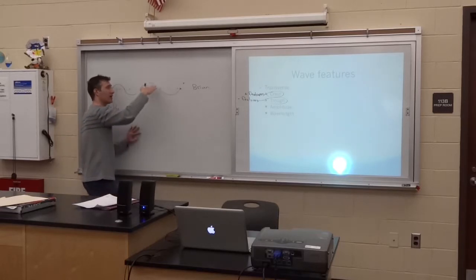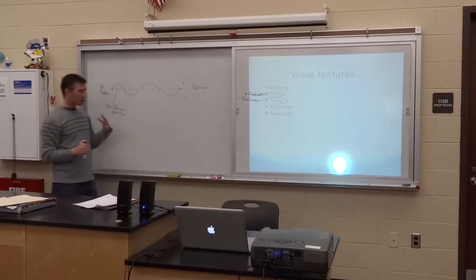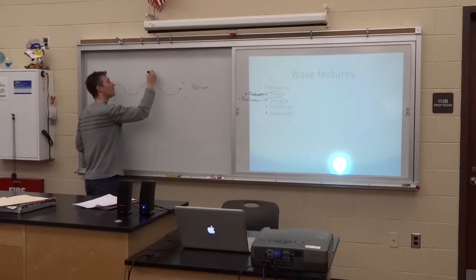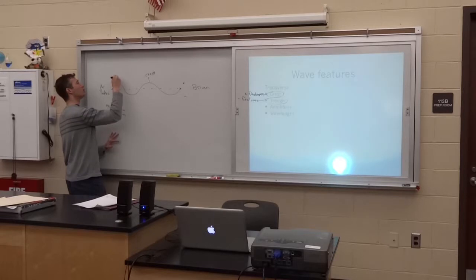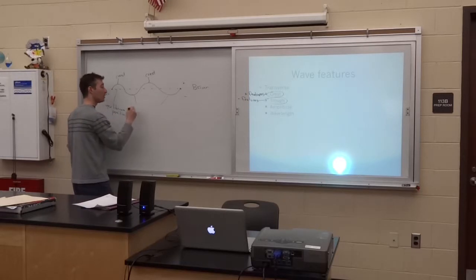I'm going to call that the side that I've shown on top. And then the other side of the equilibrium position would be the negative side. So the crests would be not only the positive features, but the most positive features. The tops that I've drawn here would be the crests, and the bottoms, the most negative positions of the medium, would be the troughs.